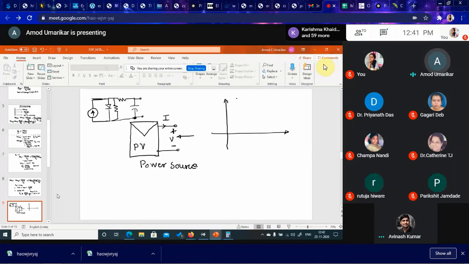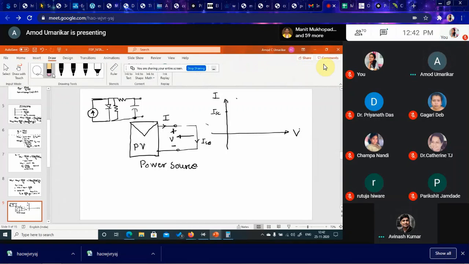The first thing we do is, can we short circuit this? If we short circuit this, does it pass infinite current? No, it passes some current, which we call the short circuit current, ISC, on the IV curve.